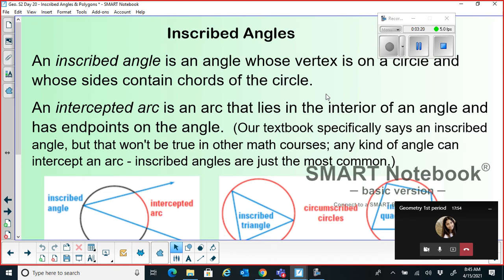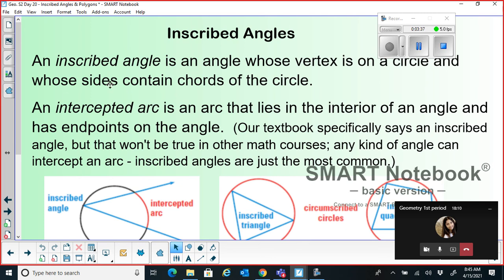An inscribed angle is an angle whose vertex is on the circle and whose sides contain chords of a circle. Let's note down the definition of inscribed angle. I will read inscribed angle and intercepted arc, then give you time to type together.